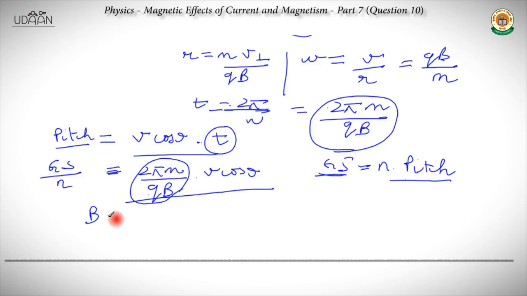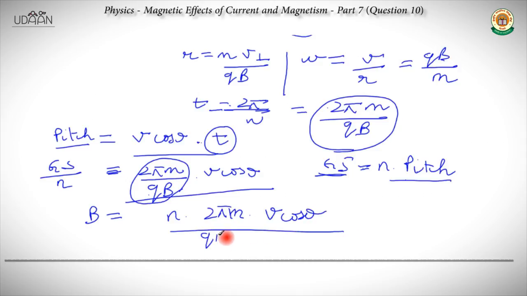So B will come out to be n into 2 pi m v cos theta divided by q whole into GS. See, this B comes out to be directly related to n. If we are asked the maximum value of n, that can be anything, because the natural numbers extend to infinity.